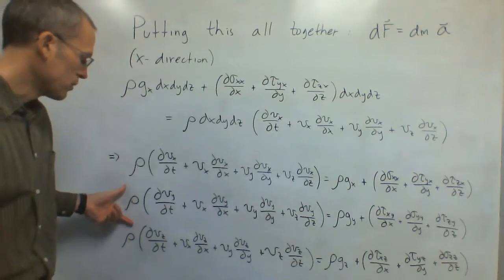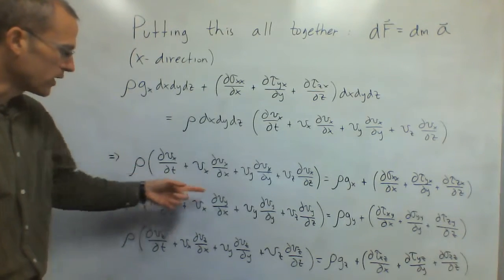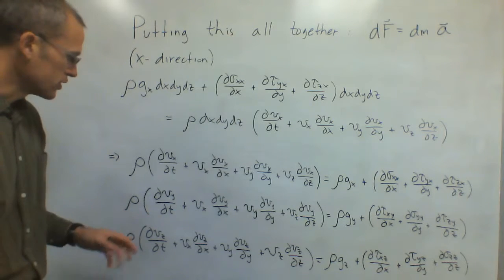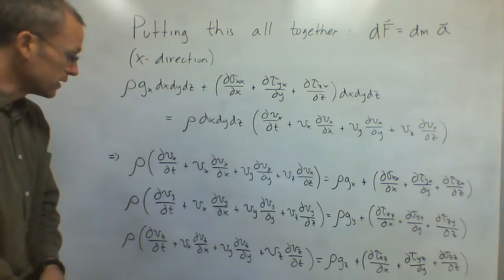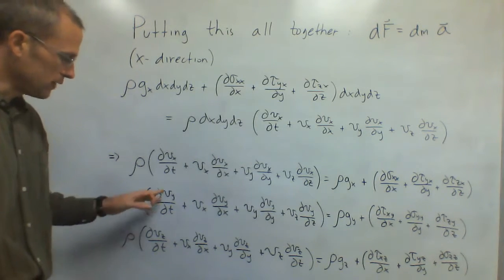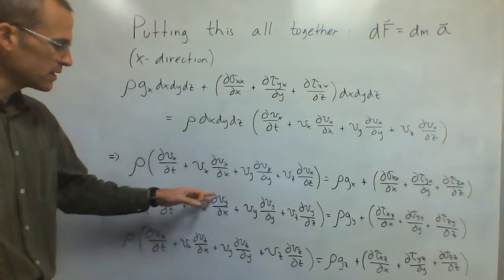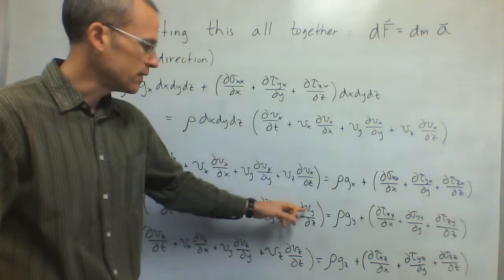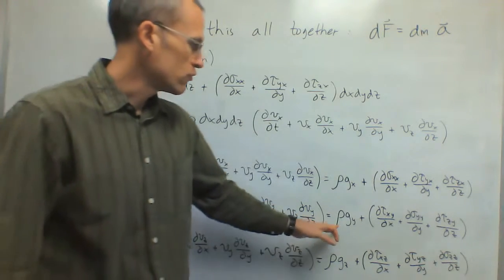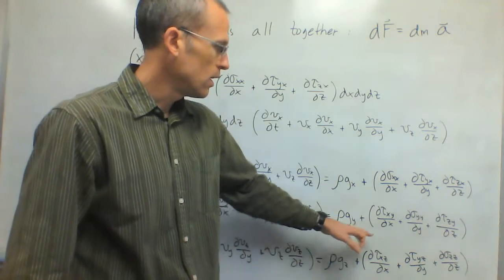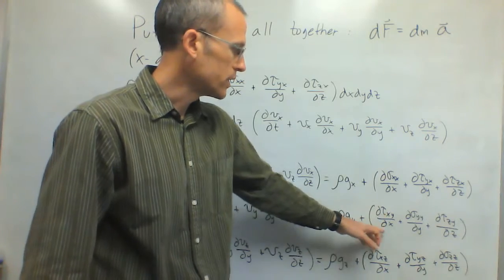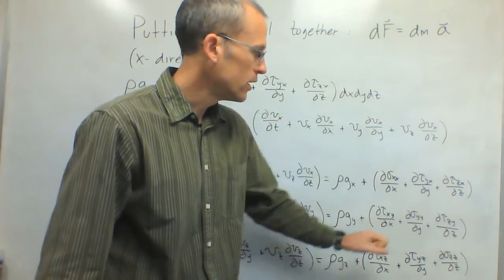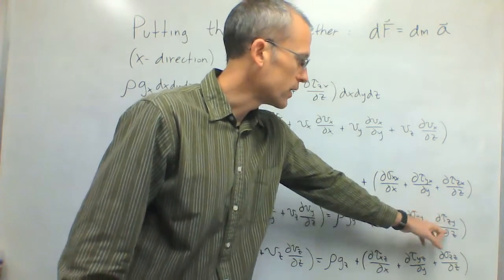So again, for the y component, instead of vx, I have vy on the top everywhere. So my acceleration is dvy dt, plus vx dvy dx, vy dvy dy, vz dvy dz, then rho gy. Then I have my stress terms d tau xy dx, d sigma yy dy, d tau zy dz.